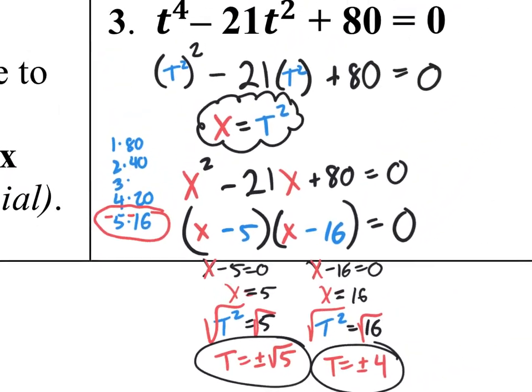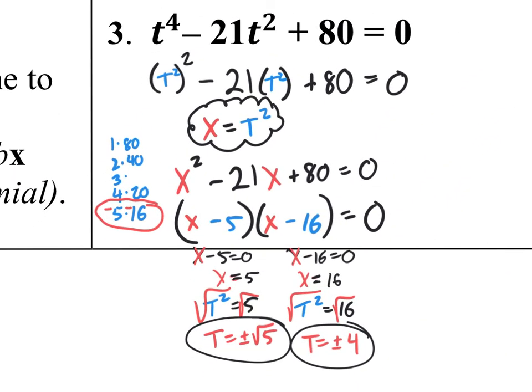This quartic trinomial equation, if I were to graph it, it will cross the x-axis at about positive 2.2, negative 2.2, and also at positive 4 and at negative 4. It'll actually have 4 real answers, 4 real zeros.